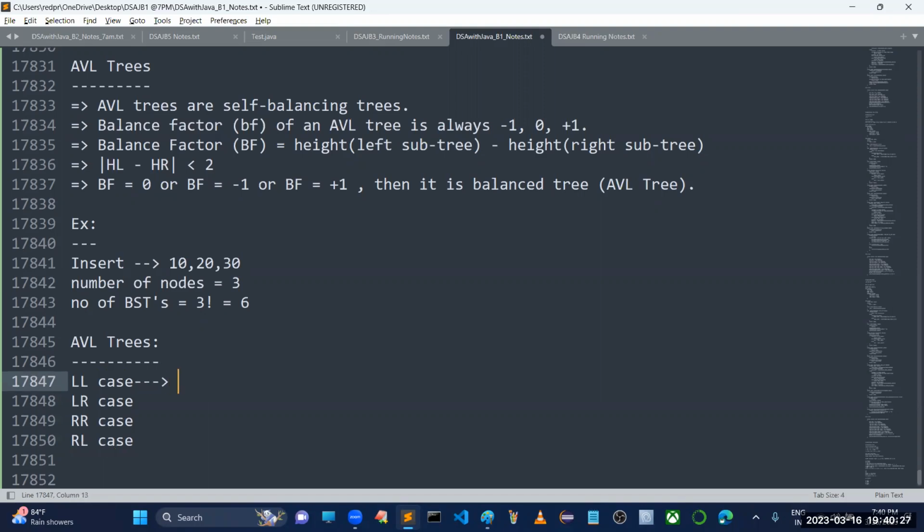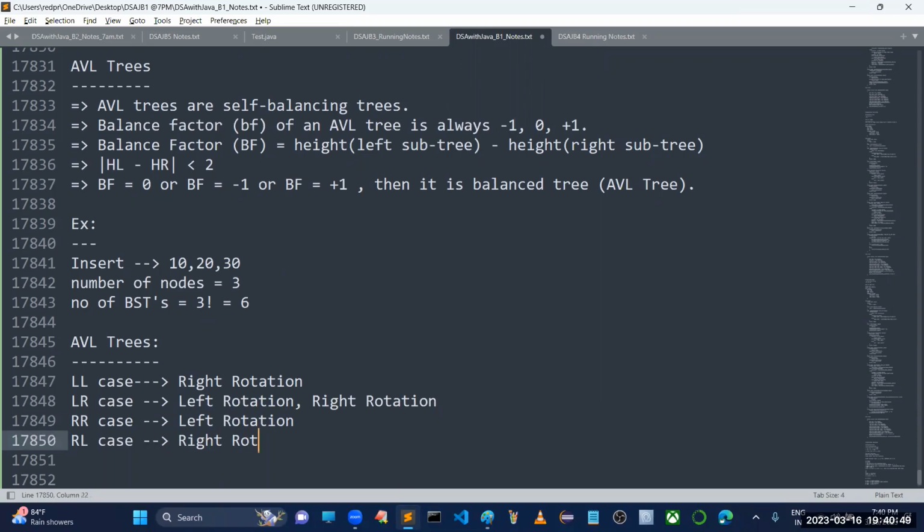For the LL case, first we have to do a right rotation. For the LR case, first we need to take a left rotation and then a right rotation. For the RR case, you need to do a left rotation. For the RL case, we need to do first a right rotation and then a left rotation.